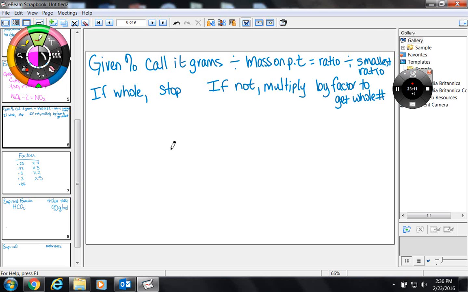Ready to try one? Okay. So let's say we have 40% C, and I'm looking these up straight out of the textbook, 6.7% H, and 53.3% oxygen.